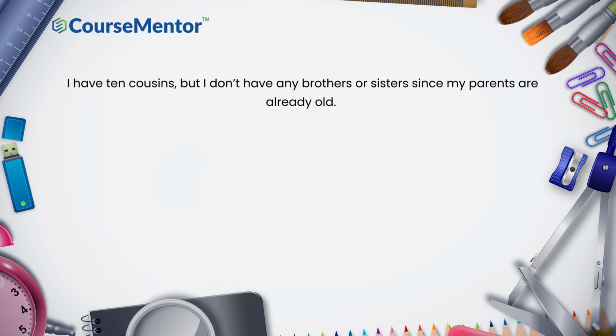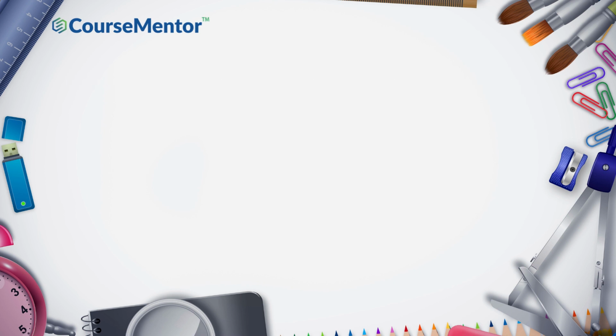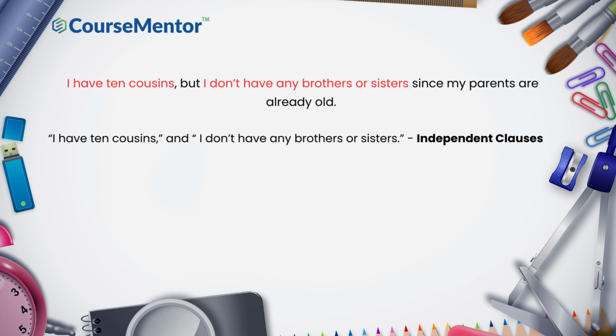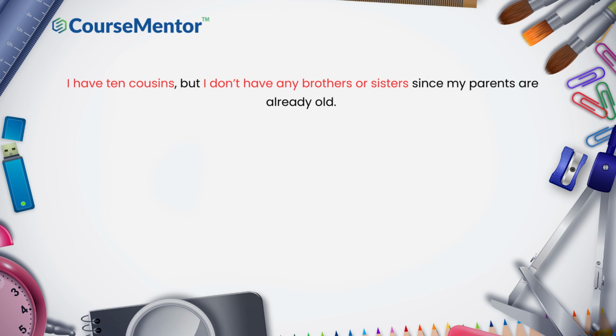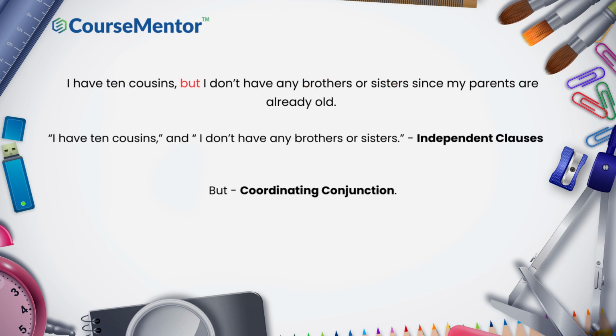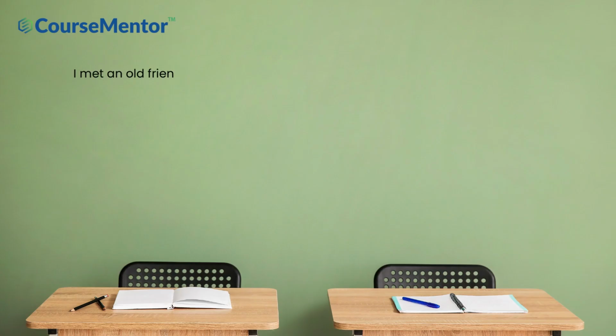Now, let's understand both by taking an example. I have 10 cousins, but I don't have any brothers or sisters since my parents are already old. Well, the two independent clauses in this sentence are, I have 10 cousins and I don't have any brothers or sisters. The coordinating conjunction but joins them, and the dependent clause is since my parents are already old. Let's take another example.